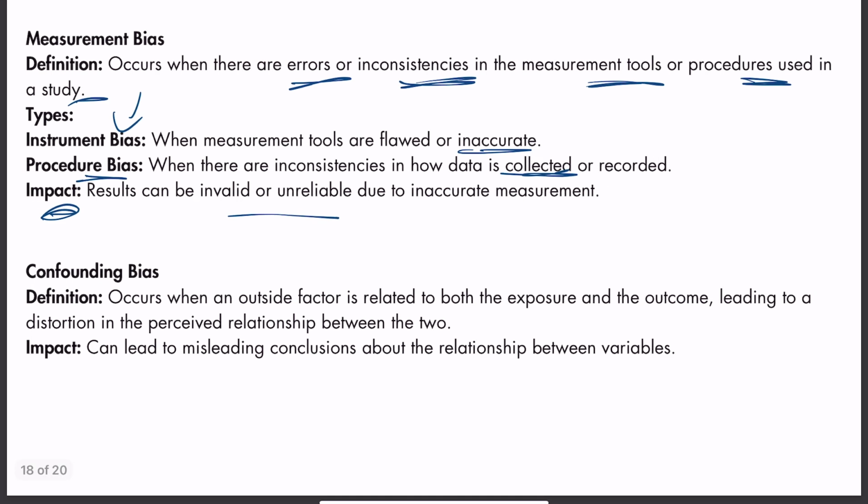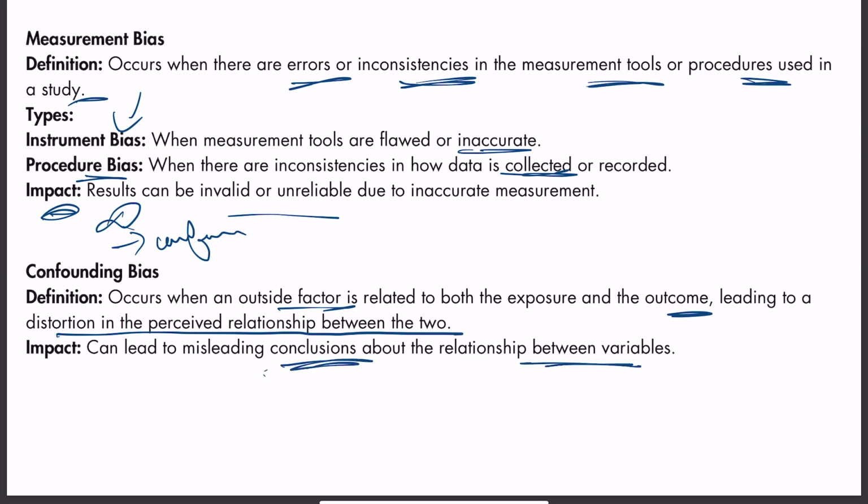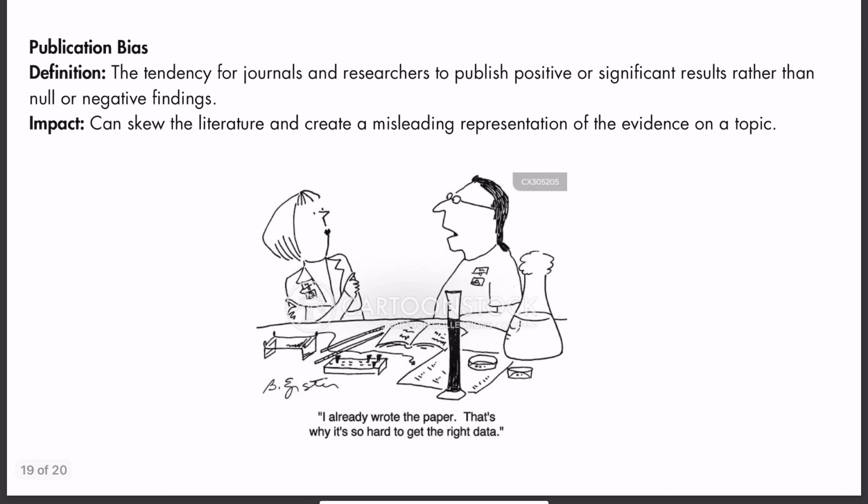Next, we have confounding bias. See how key terms interplay. It occurs when an outside factor is related to both the exposure and the outcome, leading to a distortion of the perceived relationship between the two. It can lead to misleading conclusions about the relationship between variables.